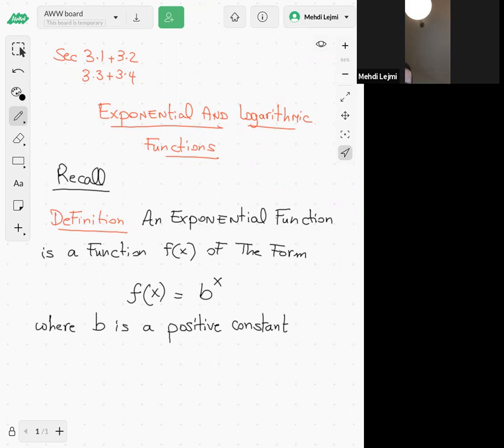And b is different from 1. It has to be different from 1 because 1 to the power x would be equal to 1 for any x, and so that will be just the constant function.